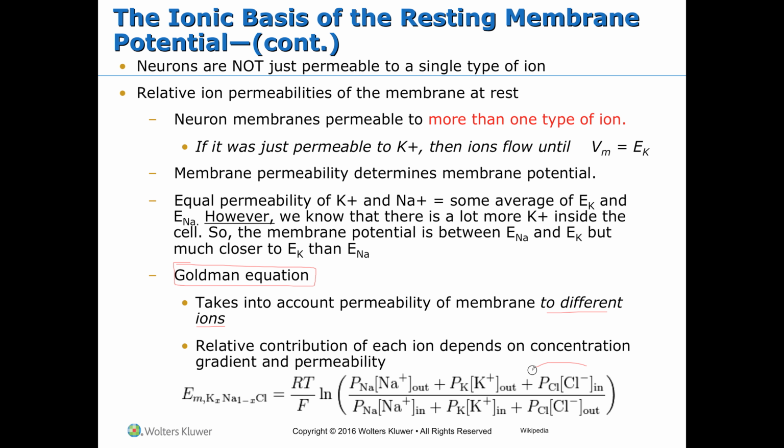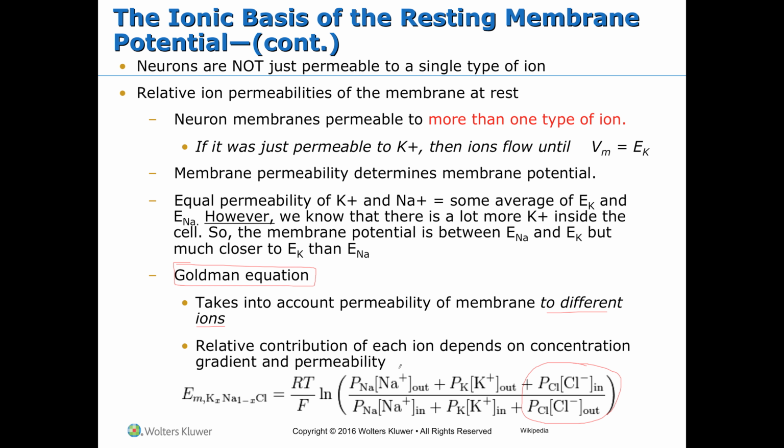Now note here, because this will probably be a question on a test, because chloride has an opposite charge, in this case opposite of positive, you need to flip these terms. So here notice that it's sodium out, potassium out, chloride in.